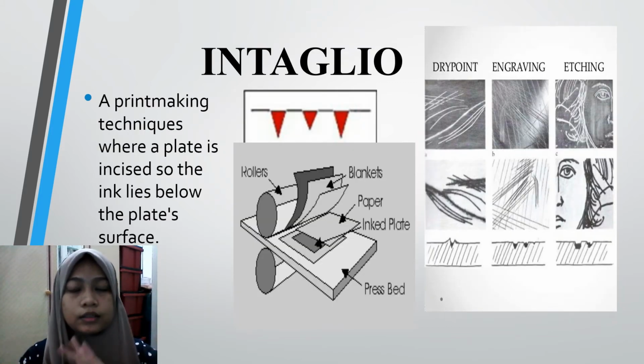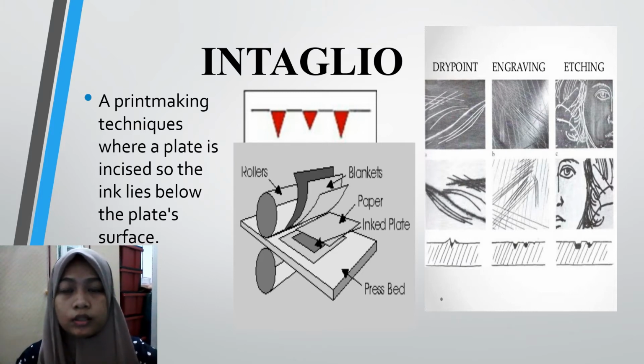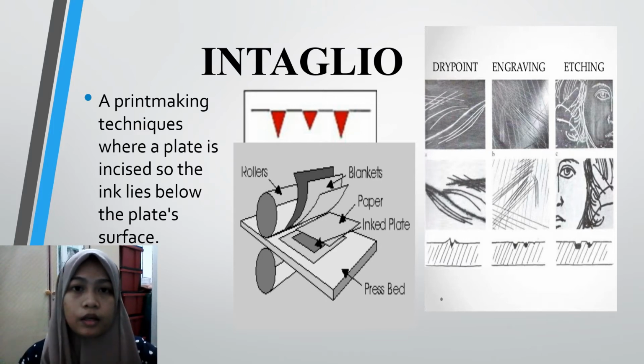My next slide is the second technique, intaglio printing. Intaglio printing is the opposite of relief printing. In this print, the printing is done from the ink that is below the surface of the plate, or the depression in the plate that holds the ink. Then damp paper and plate are run through a press, like the image in the center of my slide.